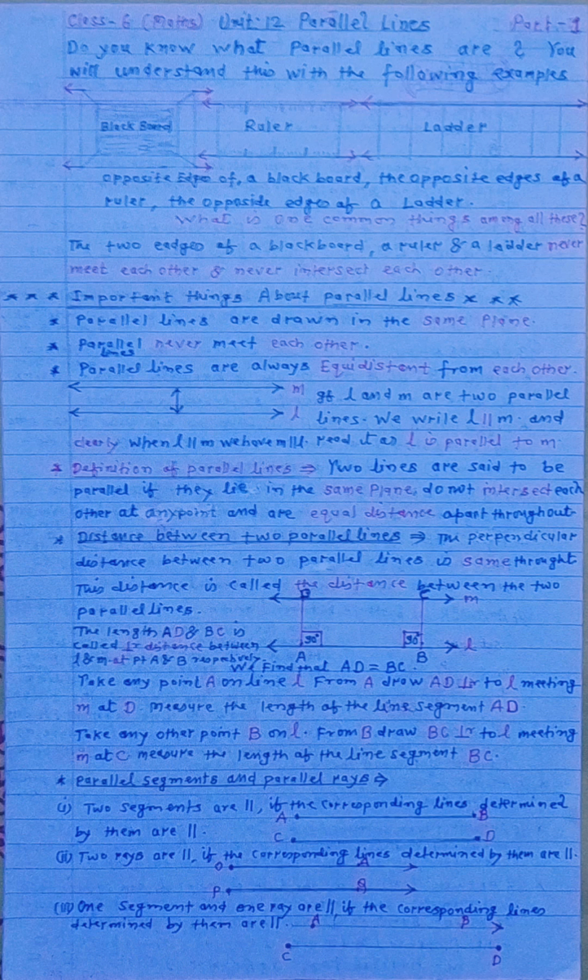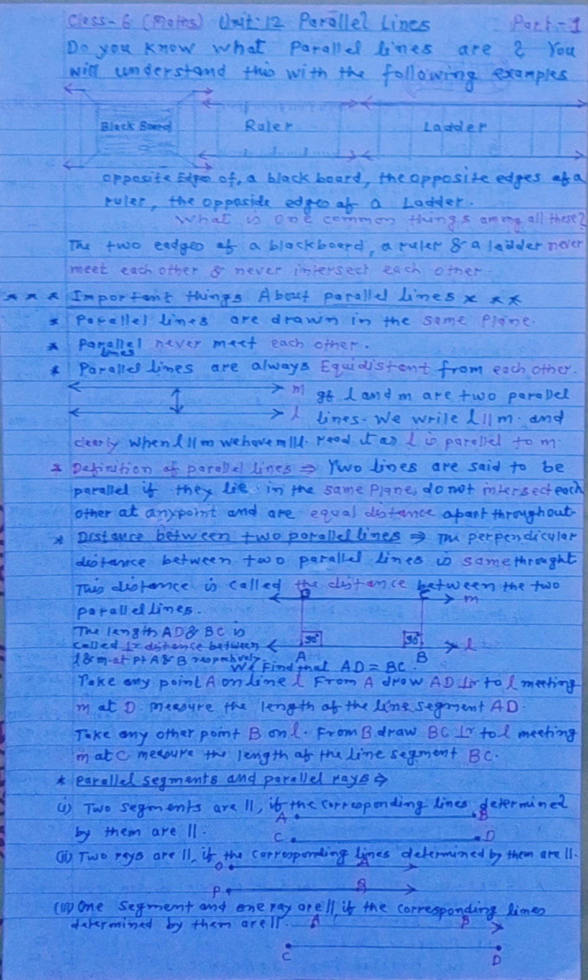What is one common thing among all these? You understand and tell me. The two edges of a blackboard, a ruler and a ladder never meet each other and never intersect each other. This is the common thing among all these figures.